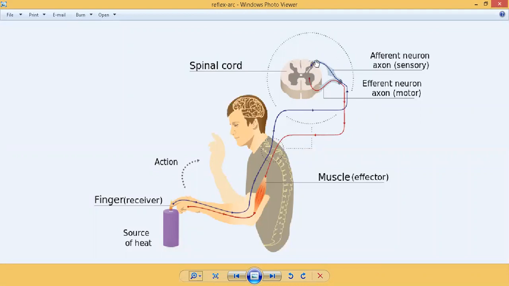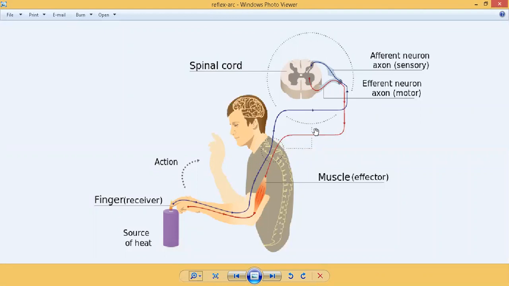Now, between the sensory and the lower motor neurons, the third component of the spinal reflexes are the connector neurons, which are also known as the interneurons. They are present inside the gray matter and they connect the sensory neuron and the motor neuron. So the three components of the spinal reflexes are sensory neurons, the connector which connects the sensory neuron with the efferent neuron or motor neuron.